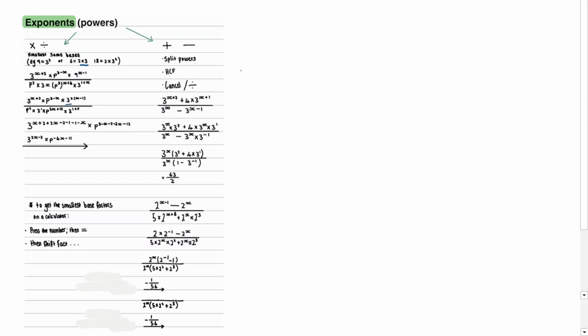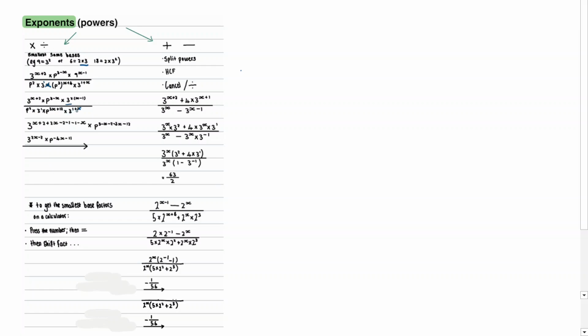Then what I'm going to do is I'm going to write a massive 3, and any powers of 3 on the top I will keep adding, and any 3 bases on the bottom I will bring to the top by changing the sign. And so if you look at it carefully, I've got 3 to the x plus 2. This becomes 2x minus 2. This random 3 at the bottom I gave a power of 1 just to be safe, so that when I bring it up I remember it's minus 1.